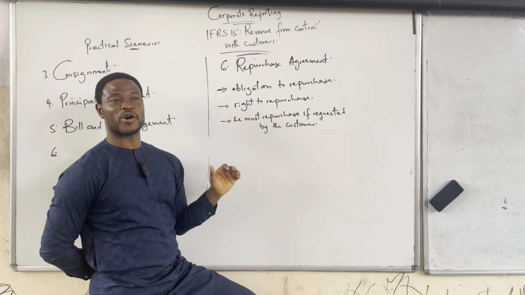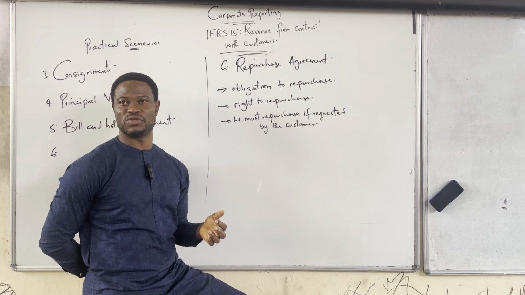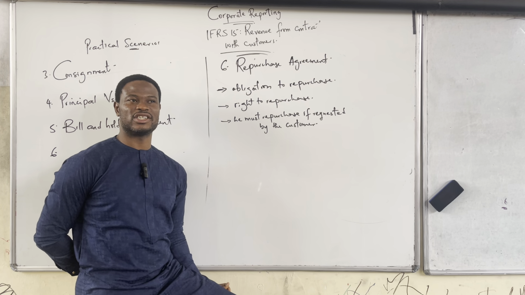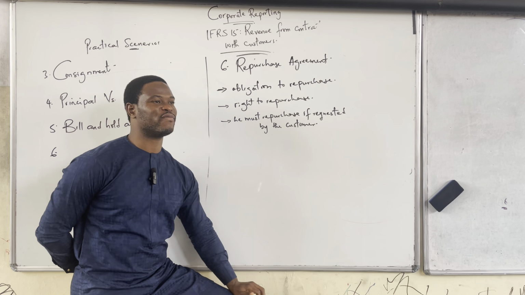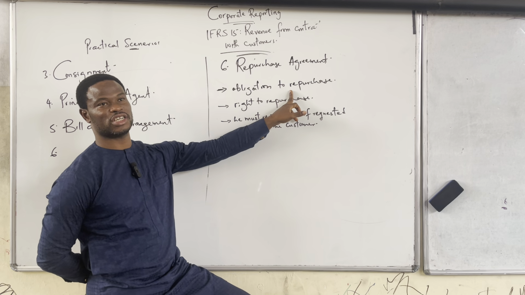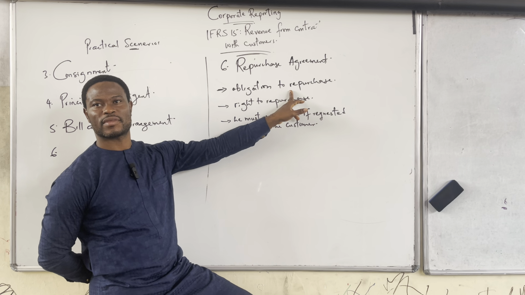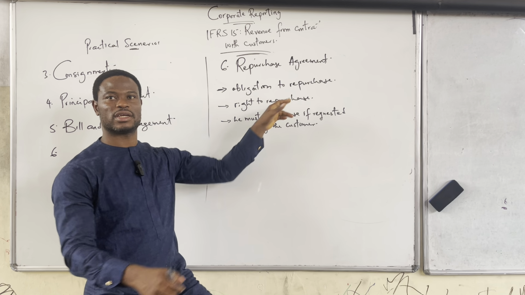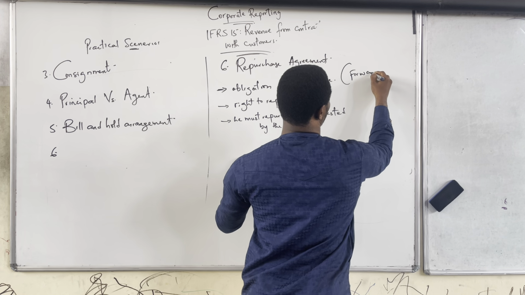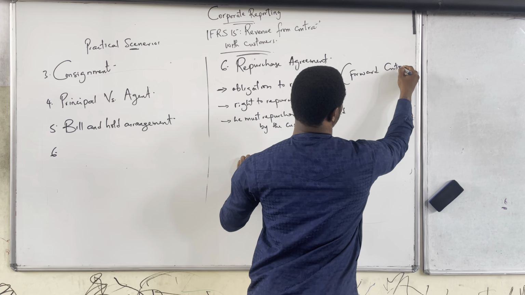There's a name for each of these, which some of you might know, those that are doing SFM. When you have an obligation to repurchase or to buy, what do we call that? It's a forward contract.